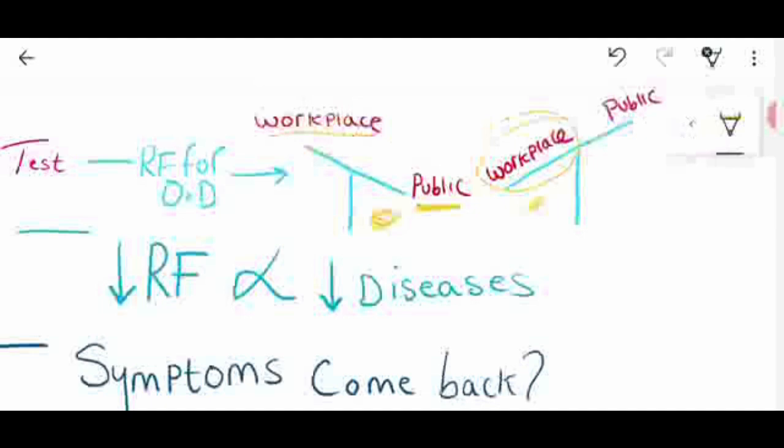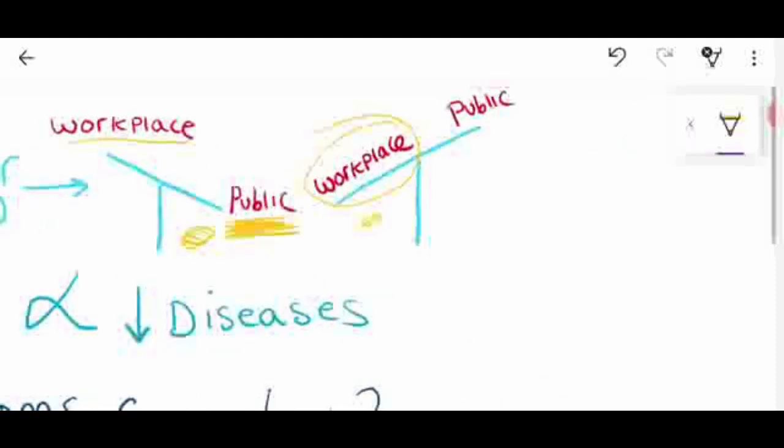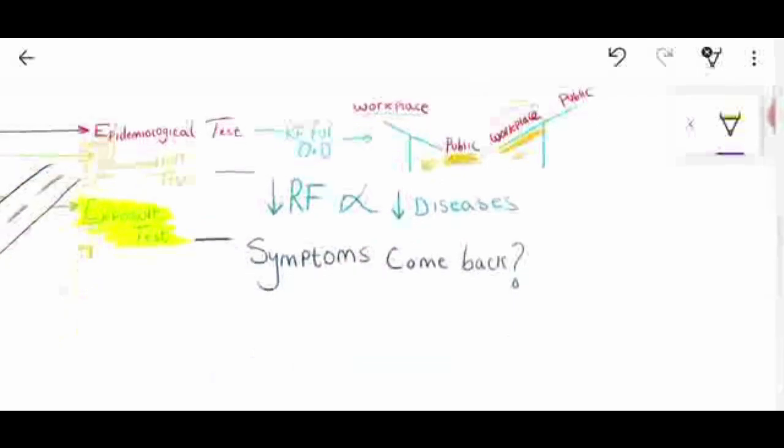Now, if there's a certain risk factor for a certain disease, say X, if we find more disease prevalence in the public than the workplace, as you can see here, then this will not be considered an occupational disease because it doesn't happen in the workplace. However, if we see more prevalence of this disease in the workplace, then it will be considered an occupational disease.